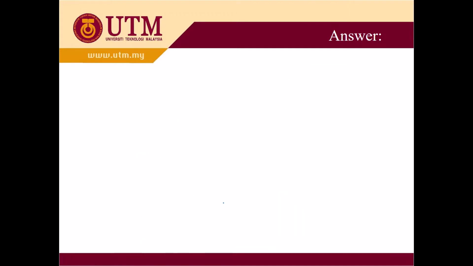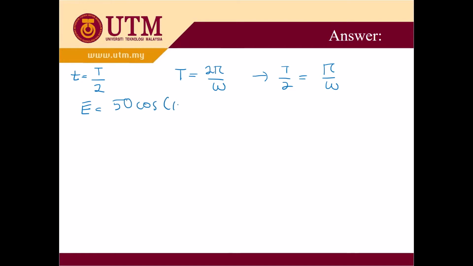Next, for t equal to the period over 2. Similarly, the period equal to 2π over ω, so the period over 2 is equal to π over ω. And the general expression E equal to 50 cos(10^8 t + βx) in the direction of y.